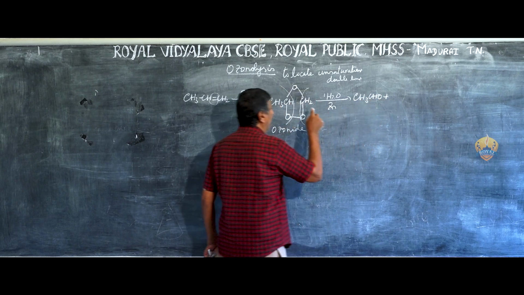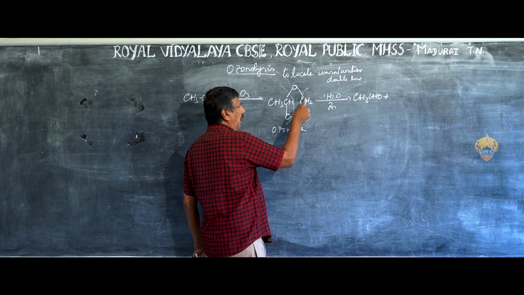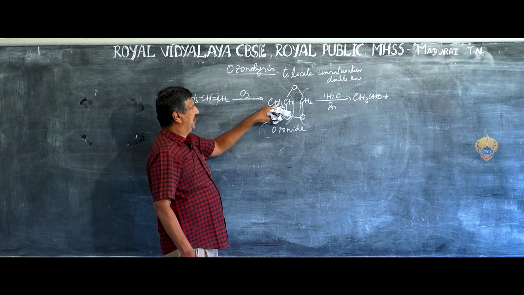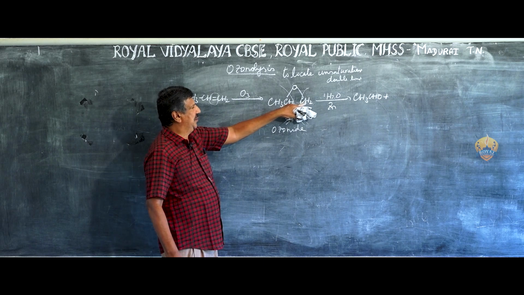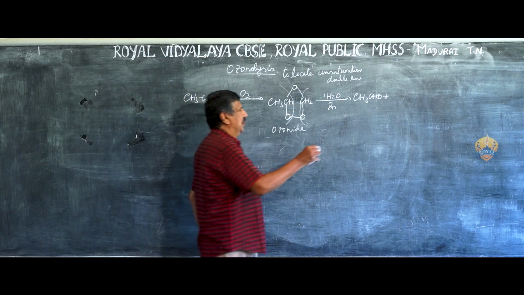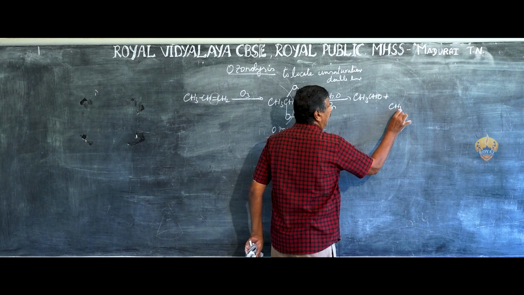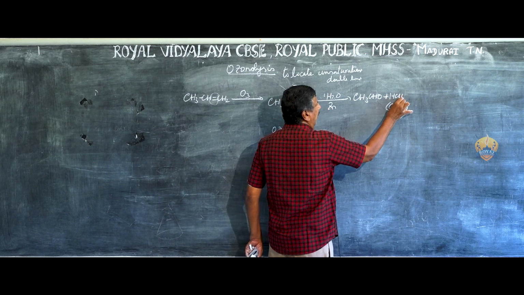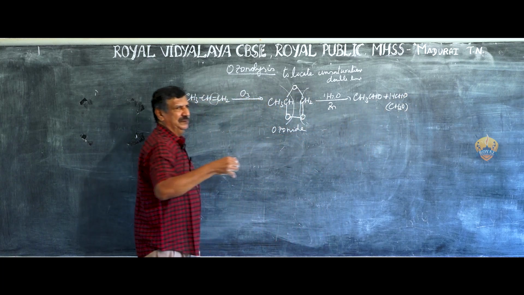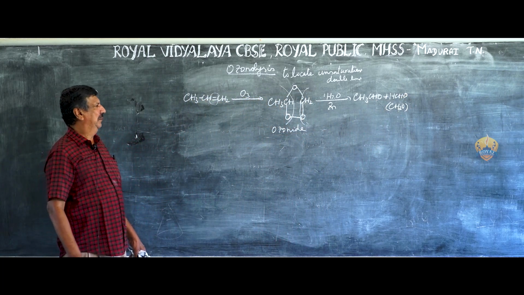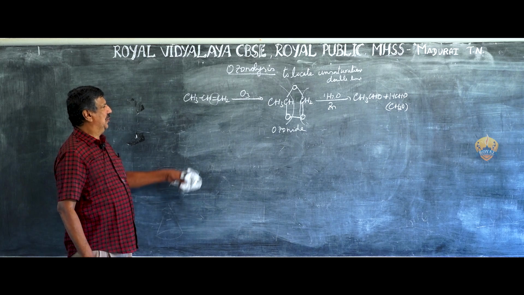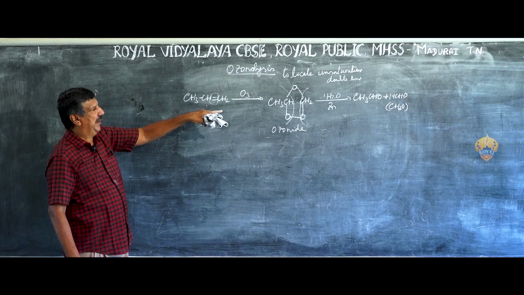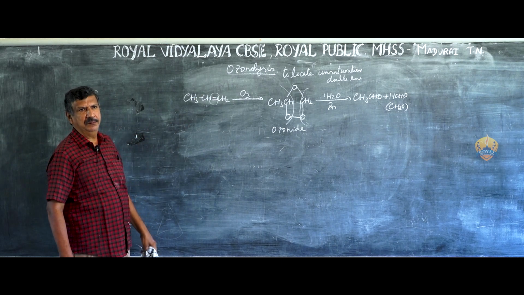CH3CHO plus CH2O. CH2O, don't write like this, it is formaldehyde. So propylene on ozonolysis gives formaldehyde and acetaldehyde.